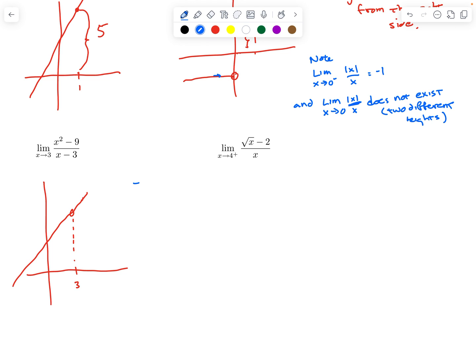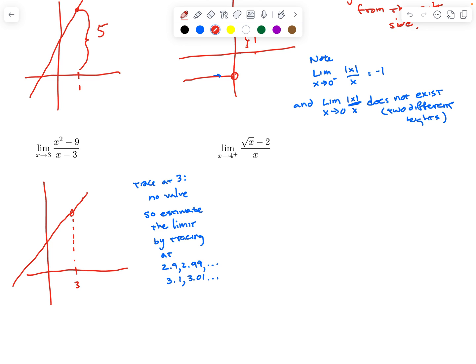Remind you that if it doesn't say left or right side limit, you should probably try it on both sides.